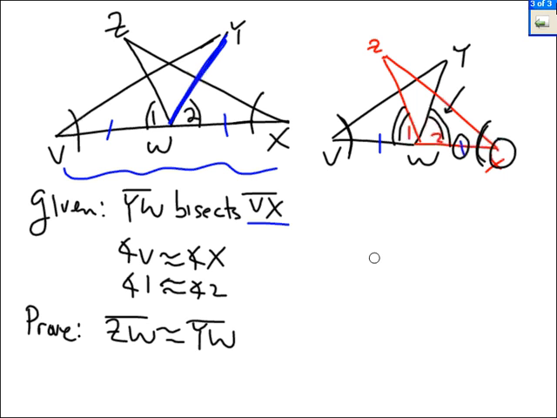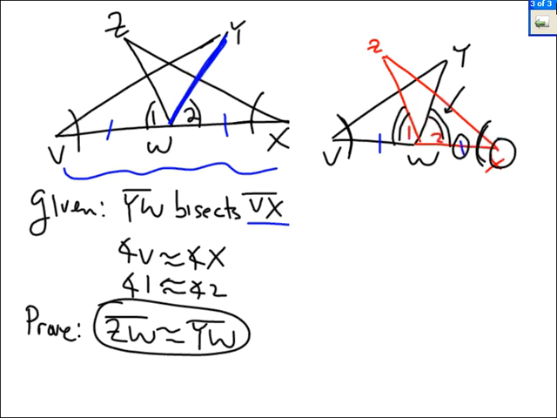Now all we have to do is write them up. Possibly we don't even have to do that, but it turns out that the only way we're going to get these two to be congruent is to show that they're corresponding parts.